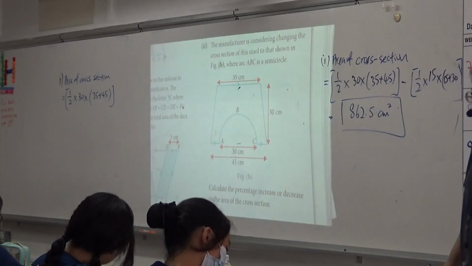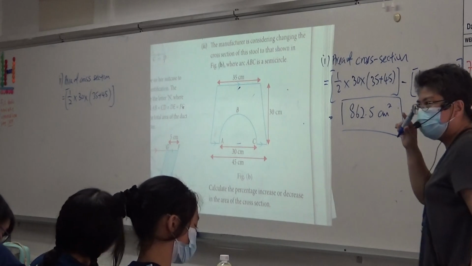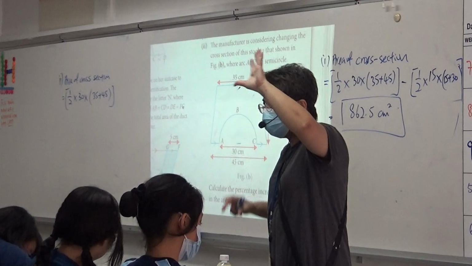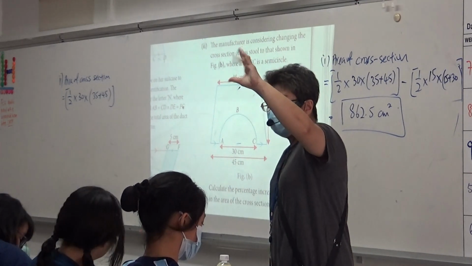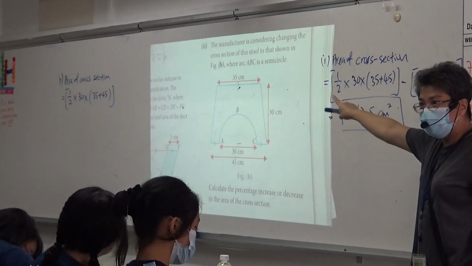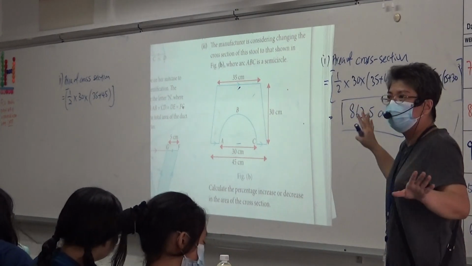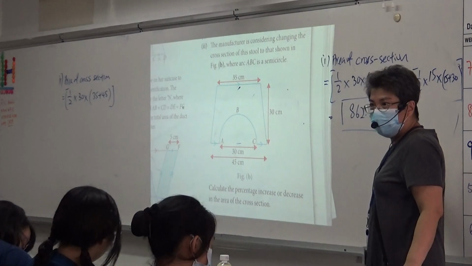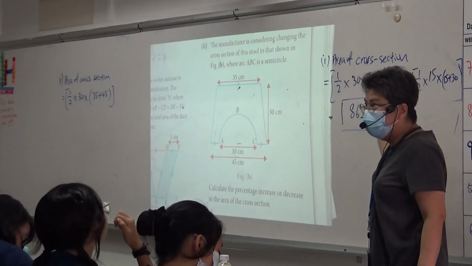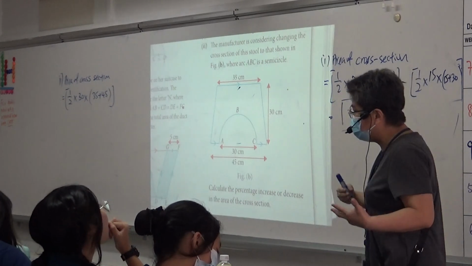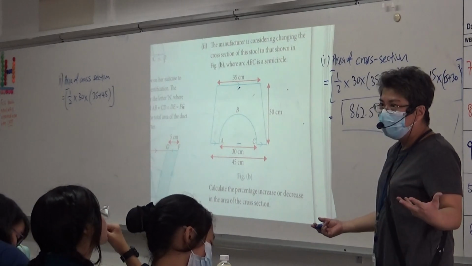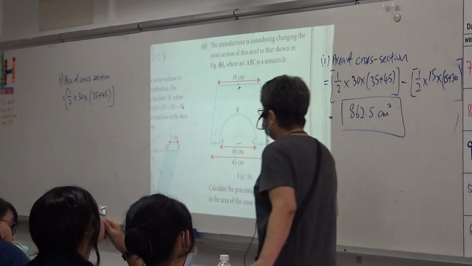Then I want to ask you, how come when someone finds the big trapezium and the small trapezium, I will already have gotten the big trapezium area, right? Then I don't need to do that one, right? Can see it? Okay, so this is one disadvantage of it. When you do it in one step, you don't know the individual answers. If you do it in two steps, then you will know the individual answers. Then you don't have to redo it again. Do you understand? Oh, but does it matter? It doesn't matter, okay, as long as you are careful.